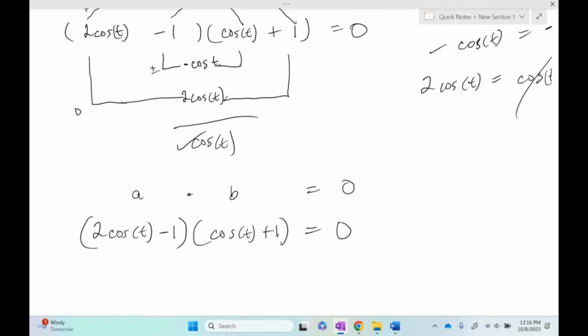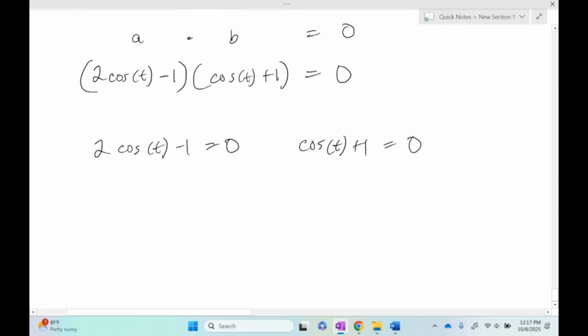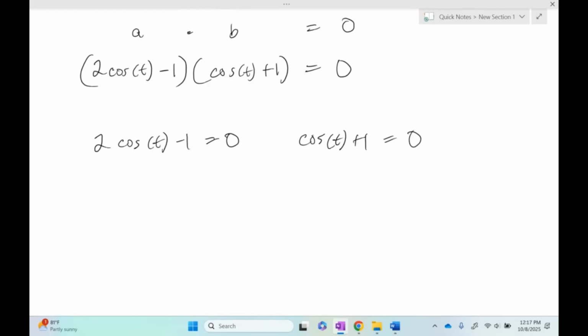We're going to look at 2 cosine t minus 1 as A, and the next factor, cosine t plus 1, as B. And we're going to use the zero factor property. I'm going to set each one of those factors equal to 0. And now we're going to solve.